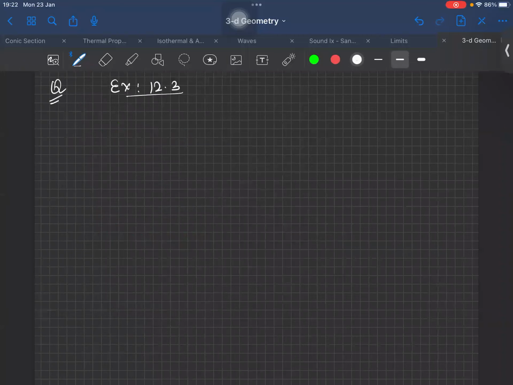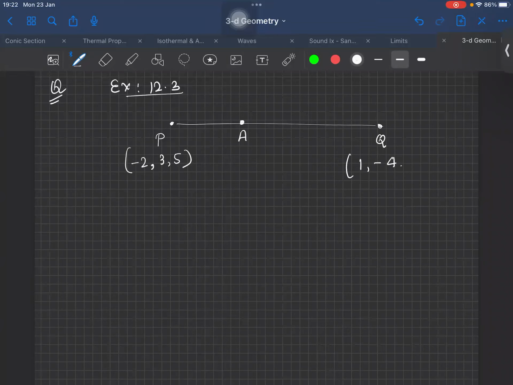Question number 1: find the coordinate of point A, a point which divides the line segment joining the points P, with coordinates -2, 3, 5, and Q, with coordinates 1, -4, 6, in the ratio of 2:3 internally. So find out the coordinate of point A.